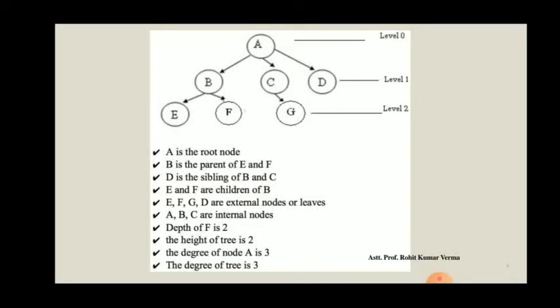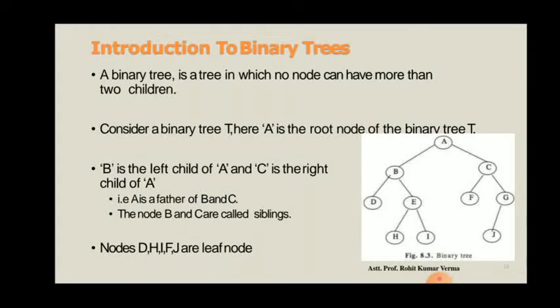Now we are covering introduction to binary tree. So basically, what is a binary tree? Dear students, a binary tree is a tree in which no node can have more than 2 children. In this image you can see we have a binary tree.